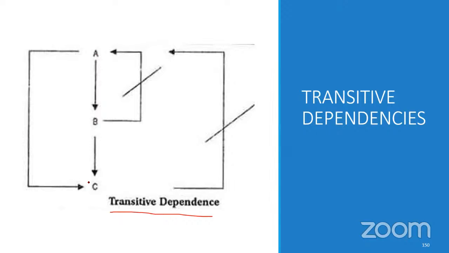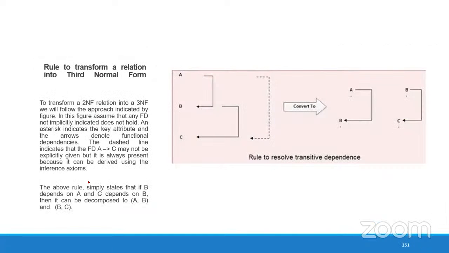Okay, how to avoid this transitive dependency? The rule to resolve the transitive dependency: here the table is in second normal form and we have to convert it into third normal form.